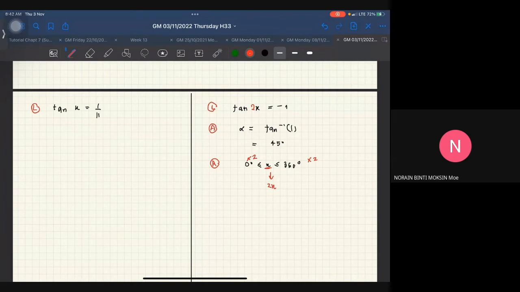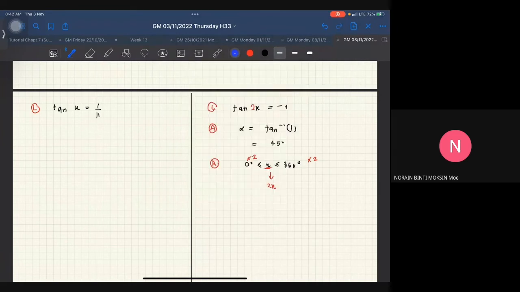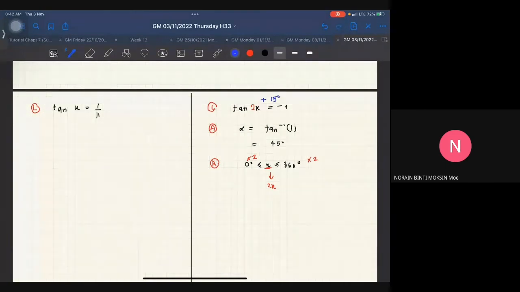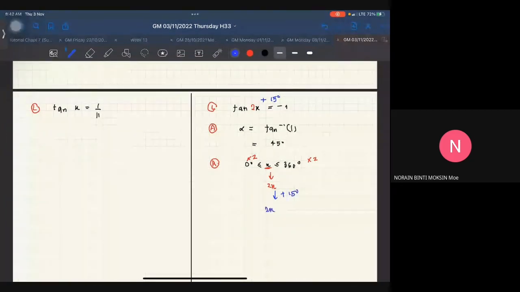Lepas tu kalau lah contoh dia pergi pula tambah dengan benda lain. So dia pergi tambah pula dengan contoh 15 degree. Example eh. Okay, so awak kena tambahkan pula dia dengan 15 degree. Sampailah dapat 2x plus 15 degree. Okay, so dah darab dengan 2, tambahkan pula dengan 15 degree dekat both side.